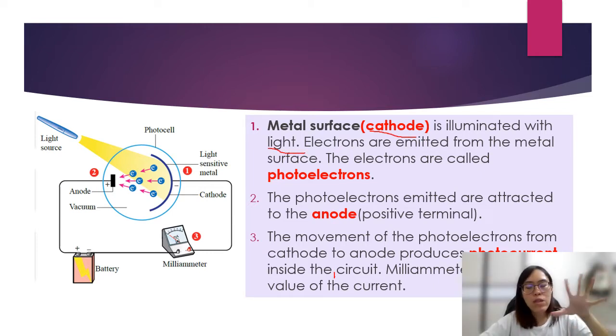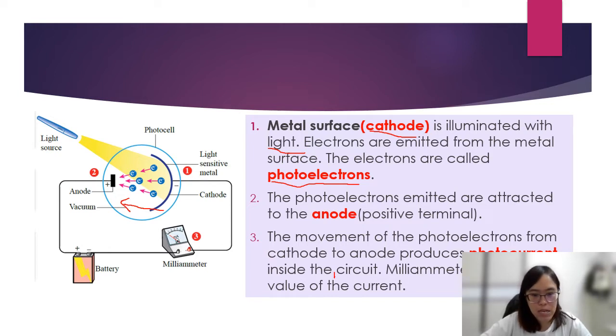Then when the electrons gain enough energy from the light, they are able to escape through the process we call the photoelectric effect. The electrons that escape are what we call photoelectrons. These photoelectrons move from the cathode to the anode, then complete the circuit.